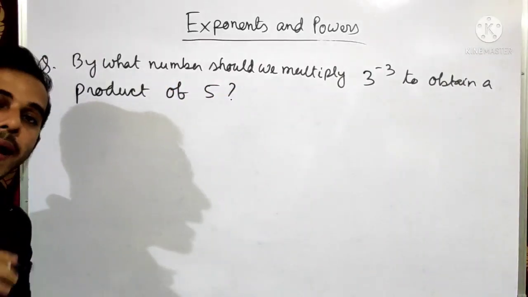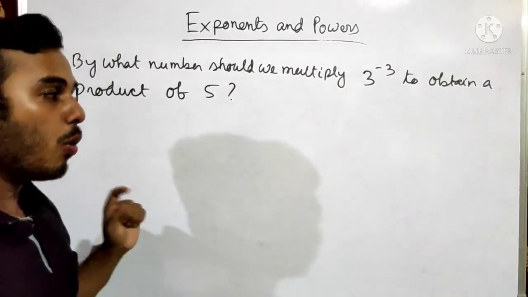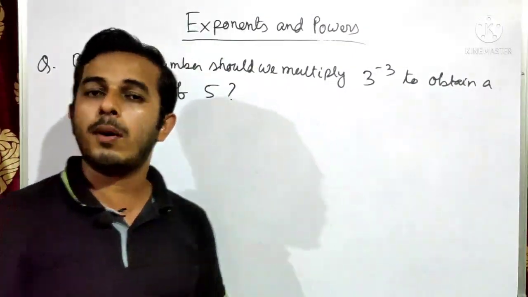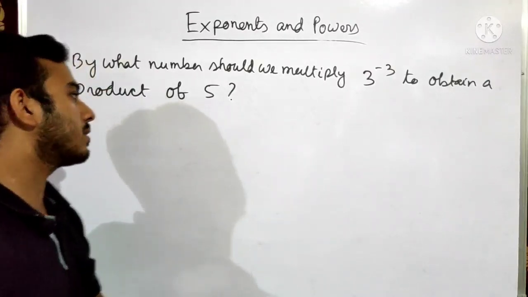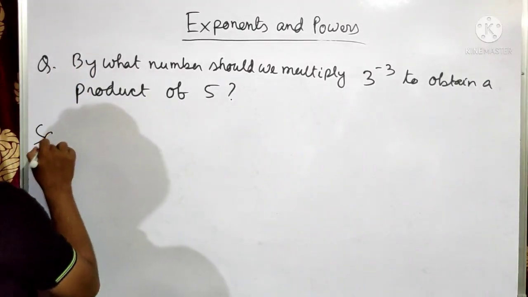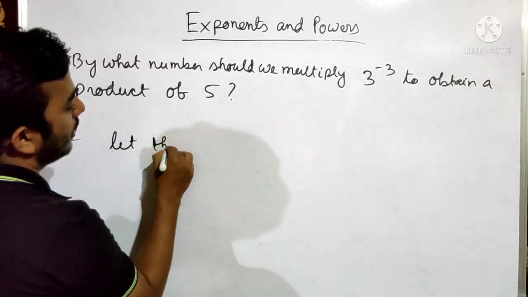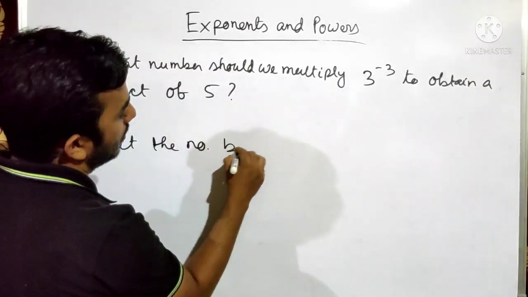That is, with 3 to the power minus 3 we have to multiply which number, so that we get the product 5. We don't know the number, so we will consider, let the number be x.